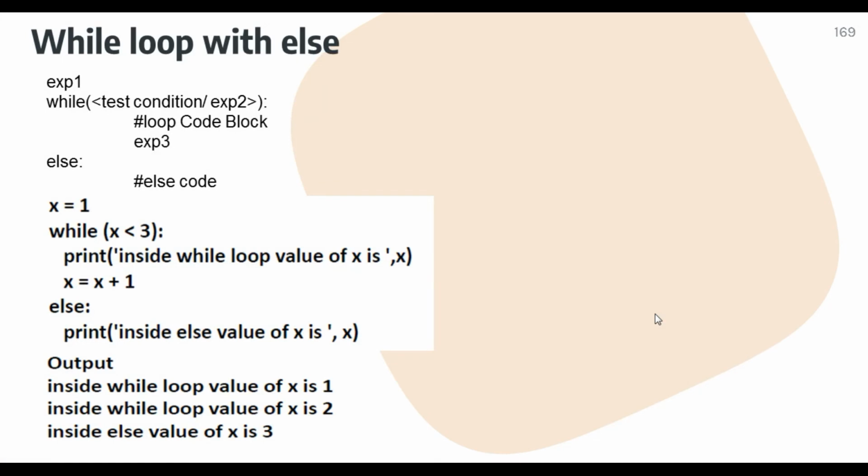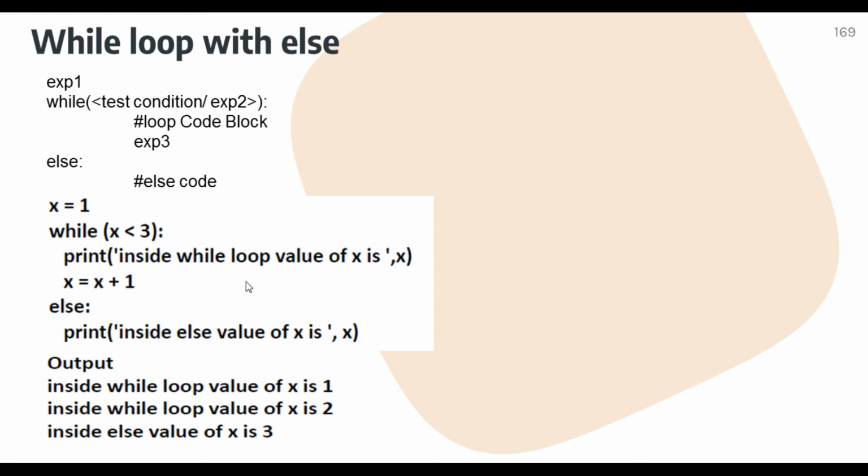while loop with else. It is the same as for loop also. So here is expression 1 initialization, test condition or expression 2, loop code, expression 3 and else part, else code. So here consider if x equals 1, then it will compare x less than 3, it will be true.